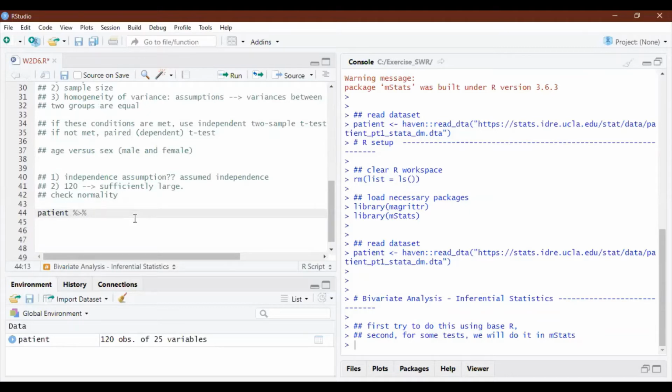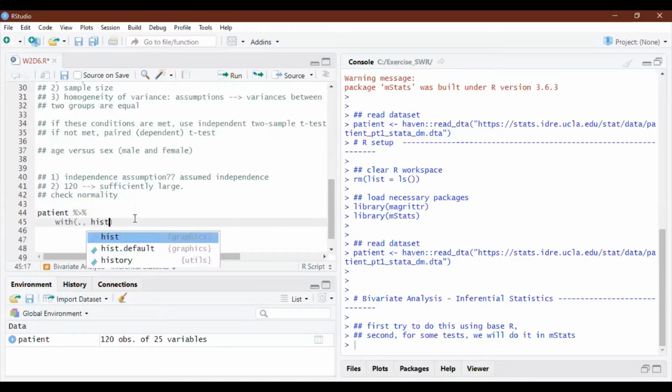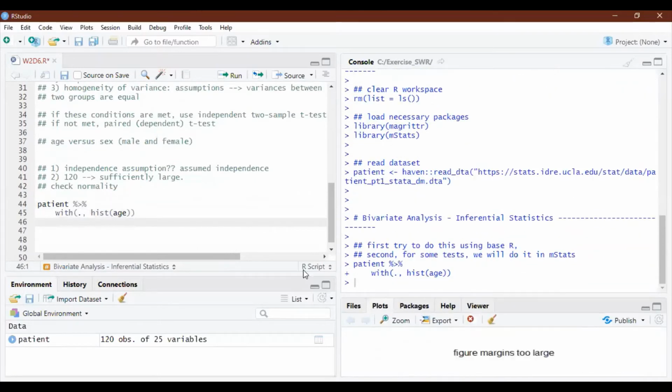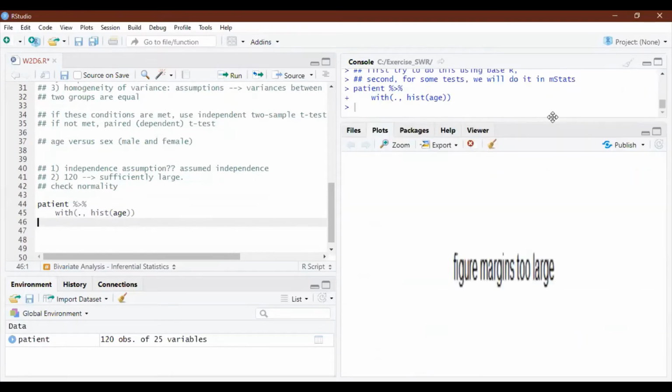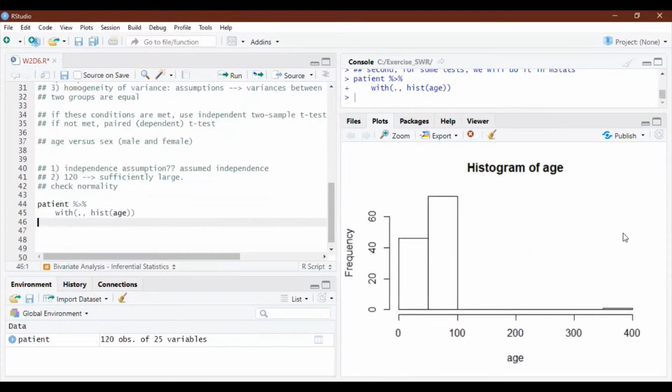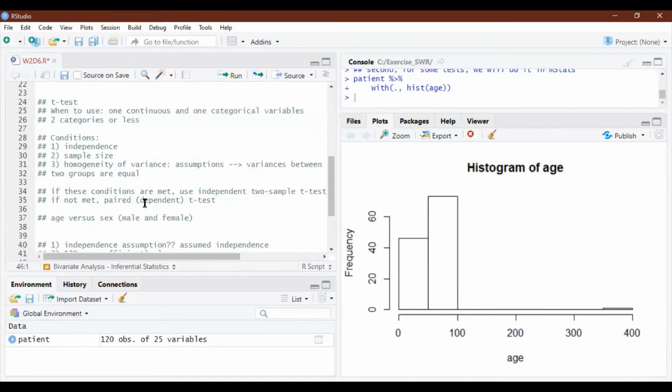We will use the piping function here, and then we use width because we are going to look at a histogram. We will run this. Here we have an invalid value.